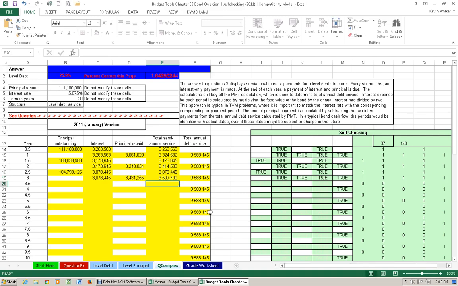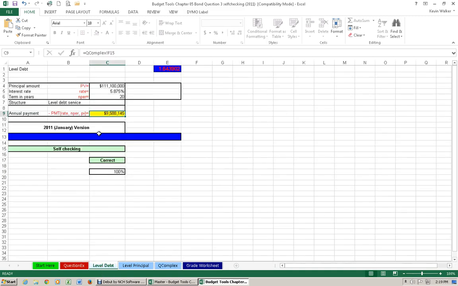All right. So this number, do it as a payment using these numbers, and it's exactly the same way it's done here, except over here the numbers are in column B, because they've got an explanation in column B. On the Q-complex spreadsheet, this information is under B. That's why it's not exactly the same formula.